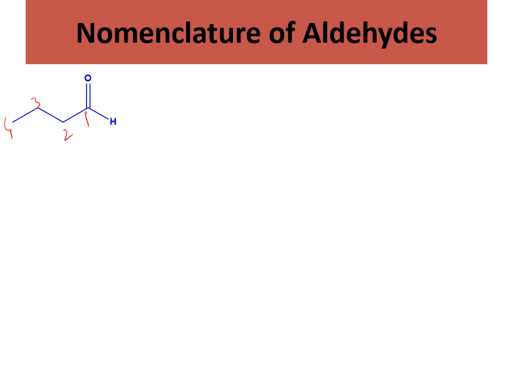So definitely this is coming from butane, and on this C double bond O, because we have a hydrogen, it must belong to the aldehyde family. So accordingly we will call it butanal, and commonly it is called butyraldehyde.